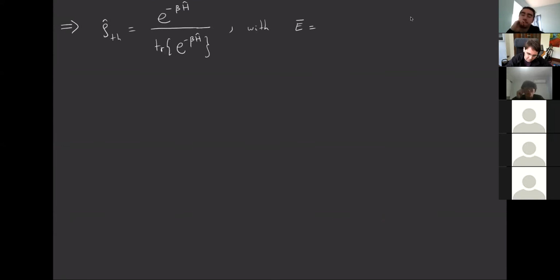So this means that this expectation value of the energy is just equal to the trace of Hamiltonian times exponential of minus beta Hamiltonian, and then divided by the trace of the exponential. Now this expression I can rewrite in a much nicer way, which is minus the derivative in beta of the logarithm of that trace.